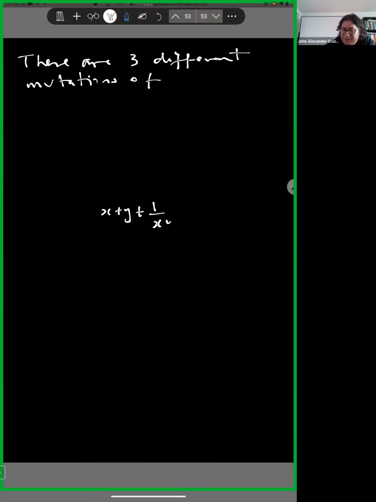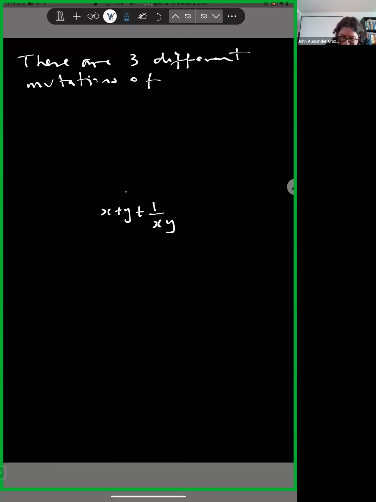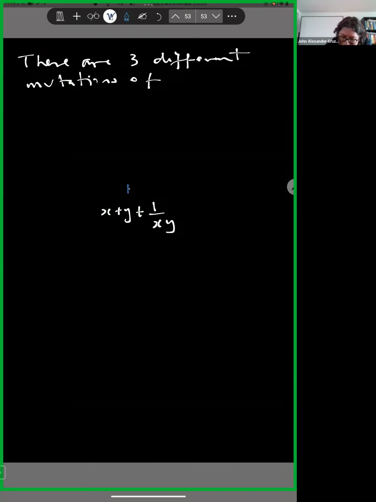So let's see what is the thing. Let me start with the original Laurent polynomial here. I will do it with another color, for example blue.